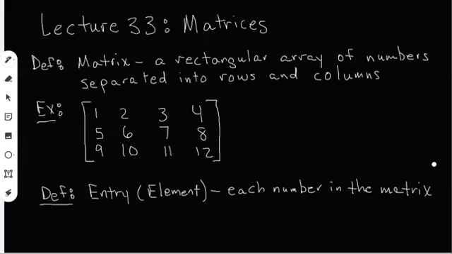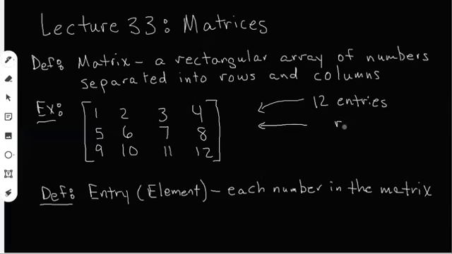Each number in the matrix. That's going to be called an entry. Okay? So how many entries do we have in this matrix? Well, in this matrix, we have 12 entries. We have 12 entries. Okay?